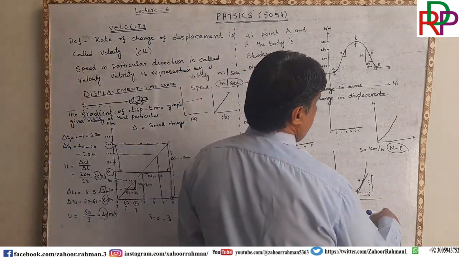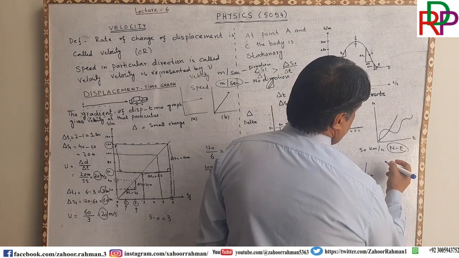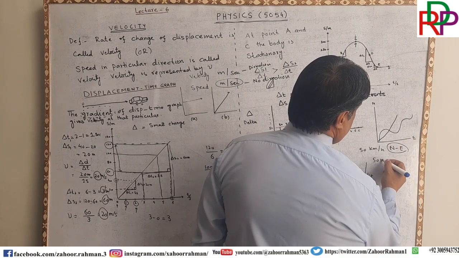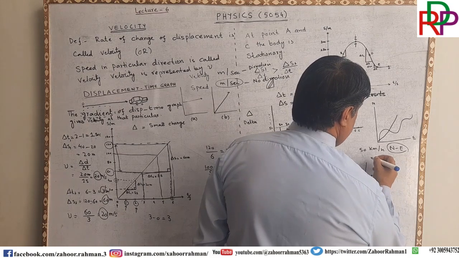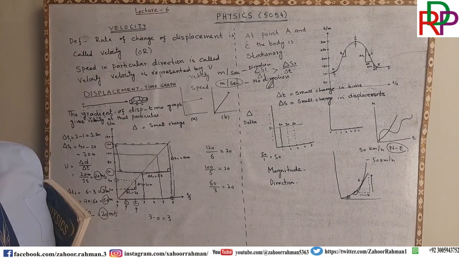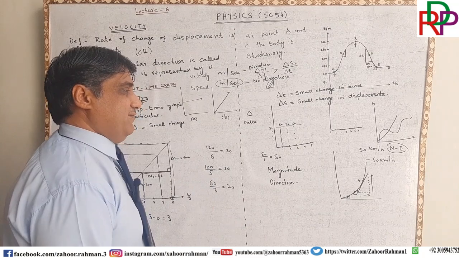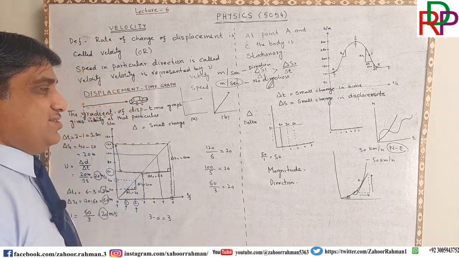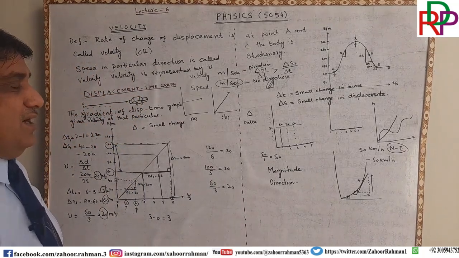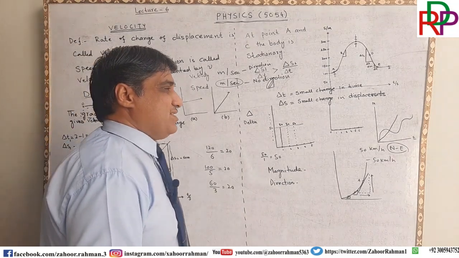But if you are only saying that this car is moving with 50 km per hour, then we are not showing any direction, so it is a scalar quantity. So from the unit you can see whether a quantity is vector or scalar. Let me summarize it.